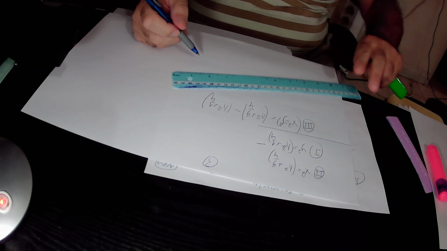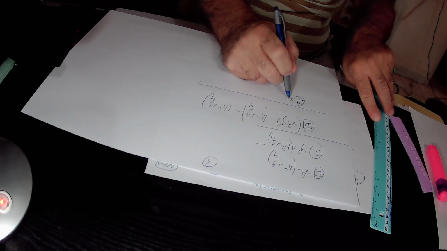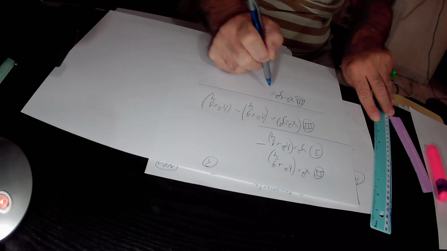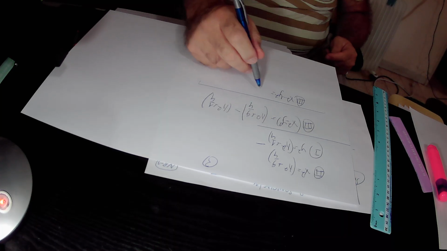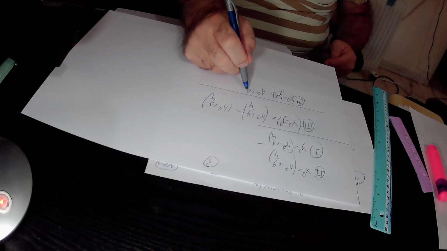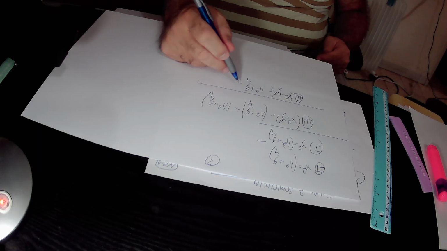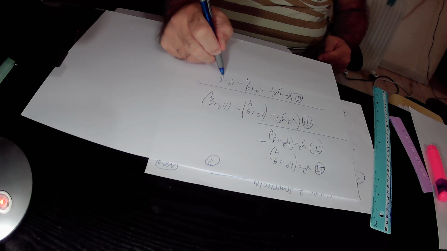In total, according to equation 3, x squared minus y squared equals, after we open the brackets, x squared plus 9 quarters minus x squared minus 1 quarter.